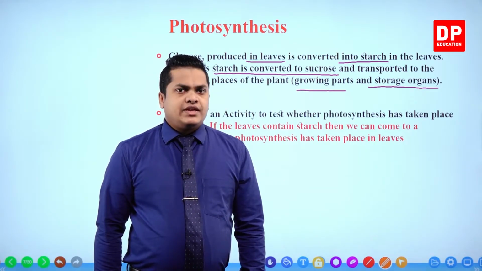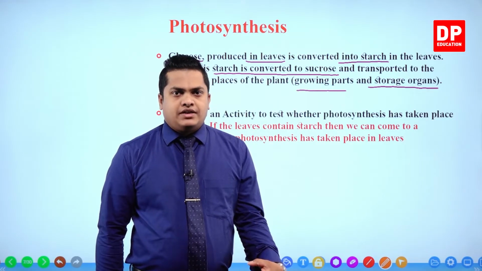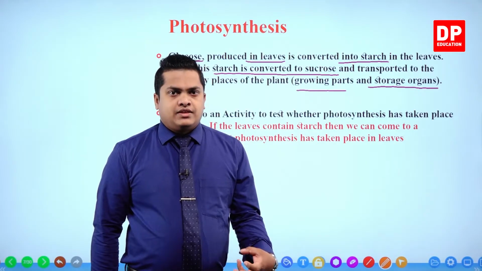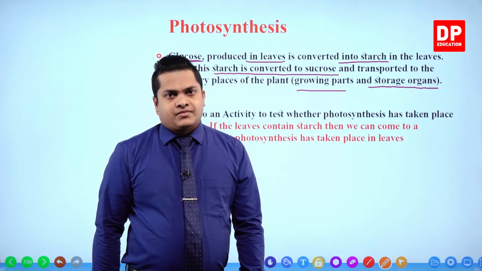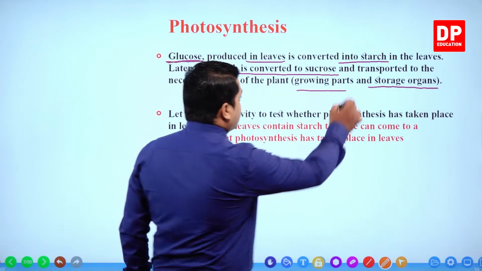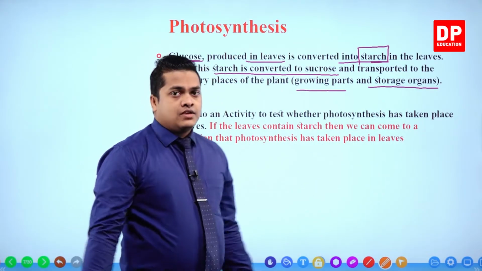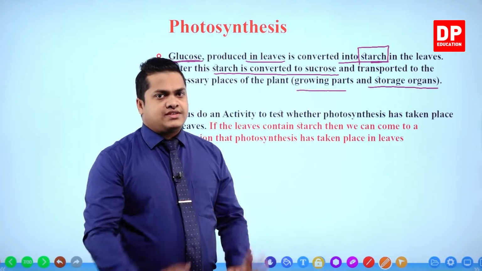So my dear children, in order to show that photosynthesis has occurred within a plant leaf, what we are going to do is test the plant leaf for starch. We are going to test it for starch. Okay, so if starch is there, definitely photosynthesis has occurred.